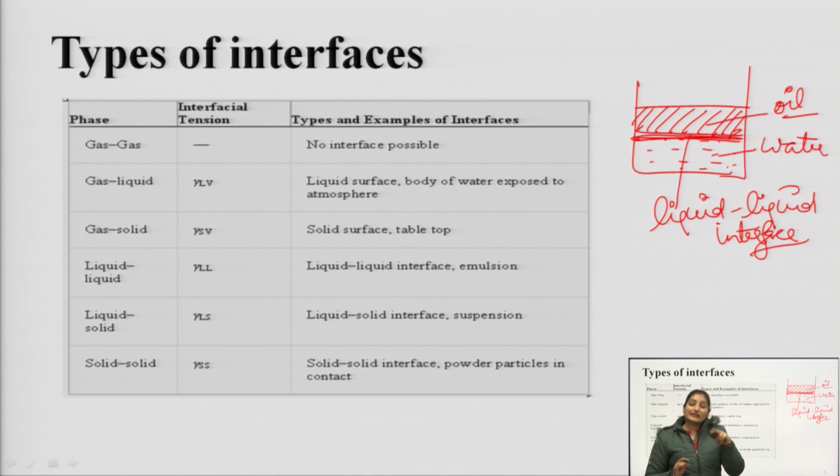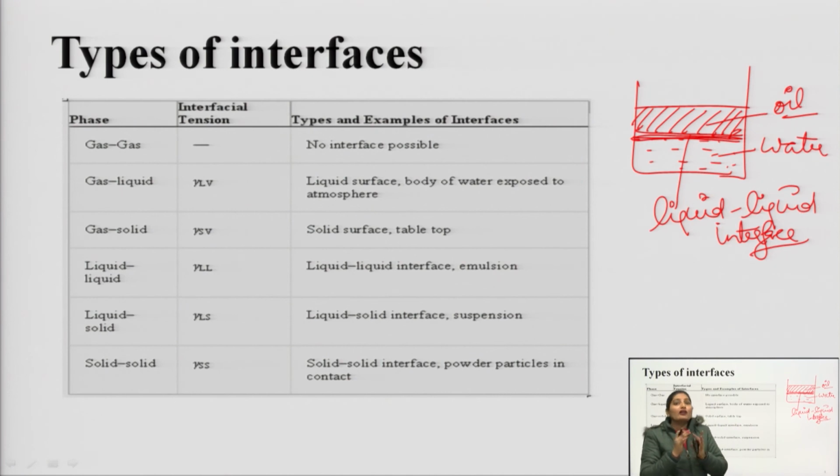If liquids are miscible with each other, then there will be no interface between them. For example, water and ethyl alcohol. Water and ethyl alcohol are completely miscible with each other. There will be no interface between water and ethyl alcohol. But if we take an example of certain volatile liquids or certain nonpolar liquids, for example, benzene.